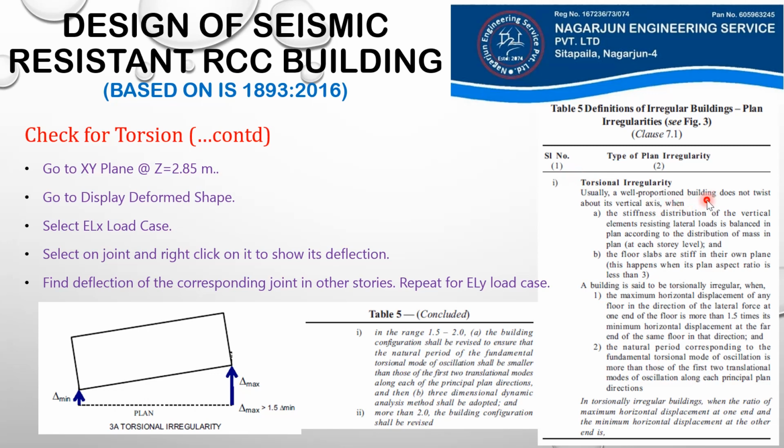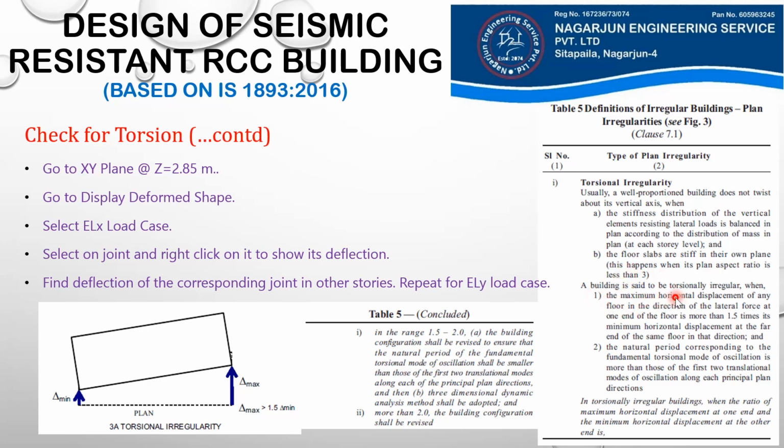So usually a well-proportioned building does not twist about its vertical axis when the stiffness distribution of the vertical elements resisting lateral loads is balanced in plan according to the distribution of mass in plan at each story level, and the floor slabs are stiff in their own plane. This happens when plan aspect ratio is less than 3. Our aspect ratio, that is the ratio of length to breadth, is obviously less than 3.